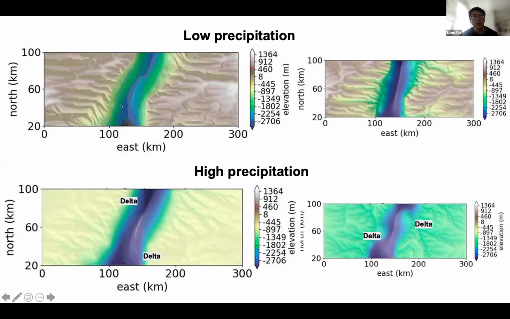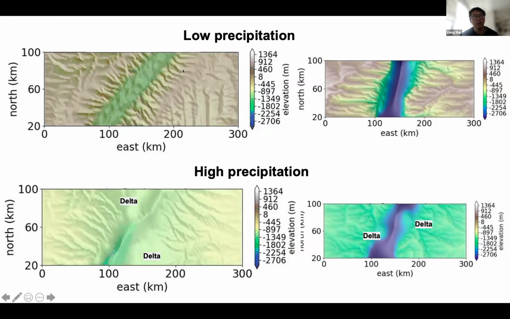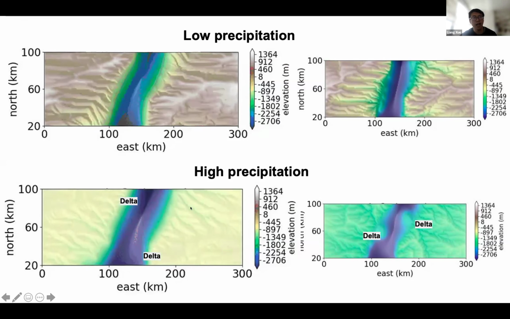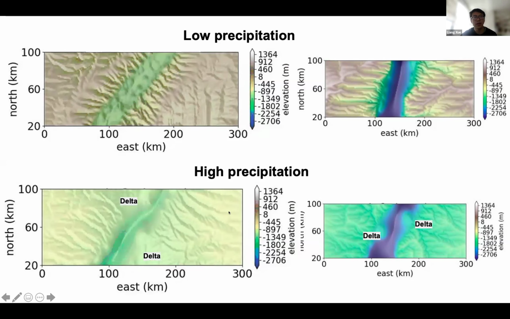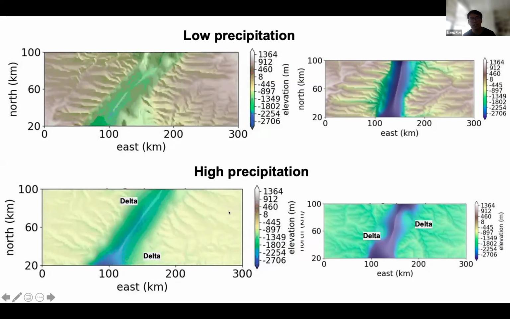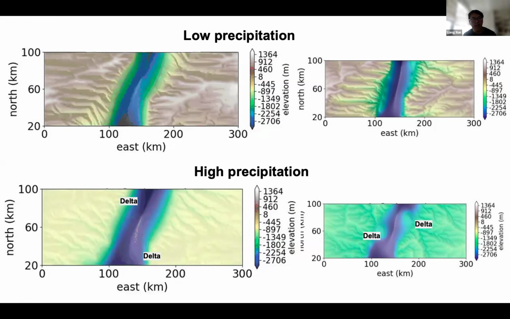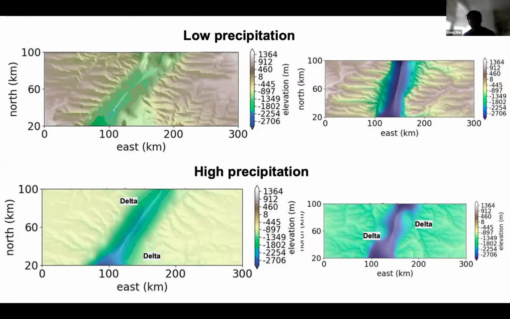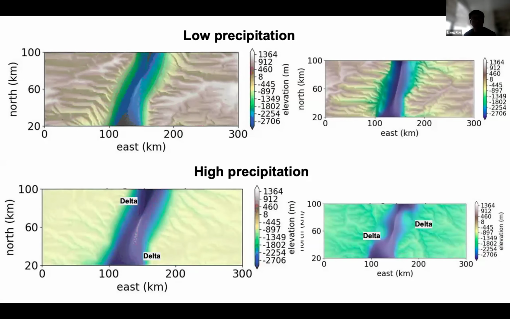We can also see rather small rift drainage basins within here. But under the high precipitation, we see a lower average elevation due to more intense incision on the rift flanks, lower by about 1,000 meters.